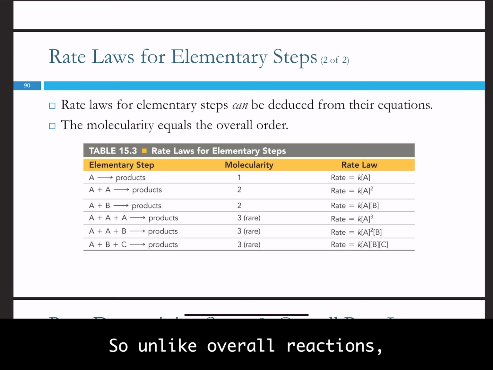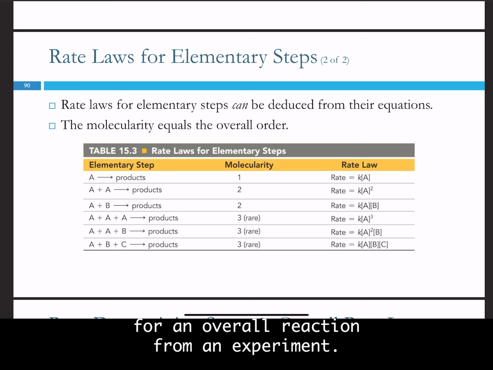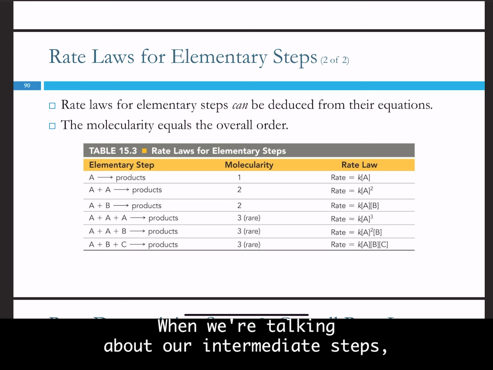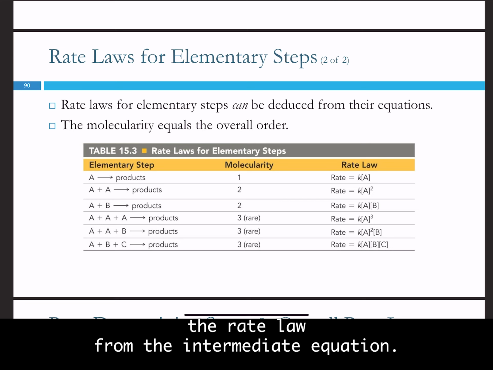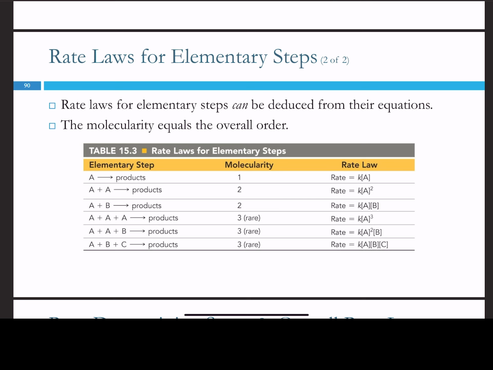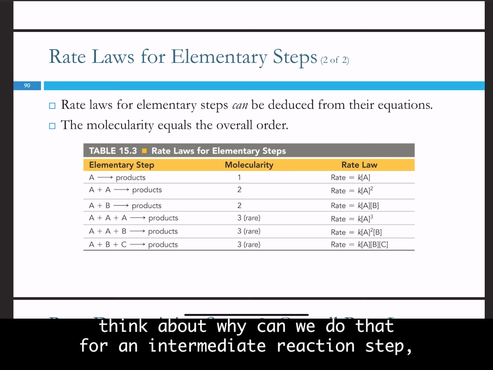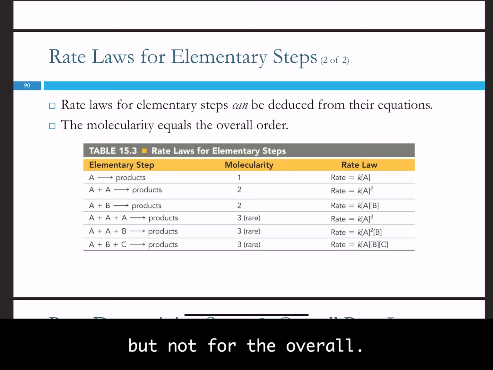So unlike overall reactions, we can only determine the rate law for an overall reaction from an experiment. When we're talking about our intermediate steps, we can deduce the rate law from the intermediate equation. Just think about why can we do that for an intermediate reaction step, but not for the overall.